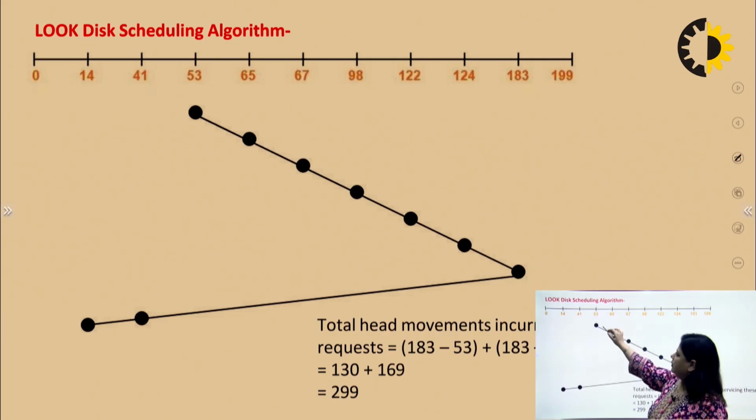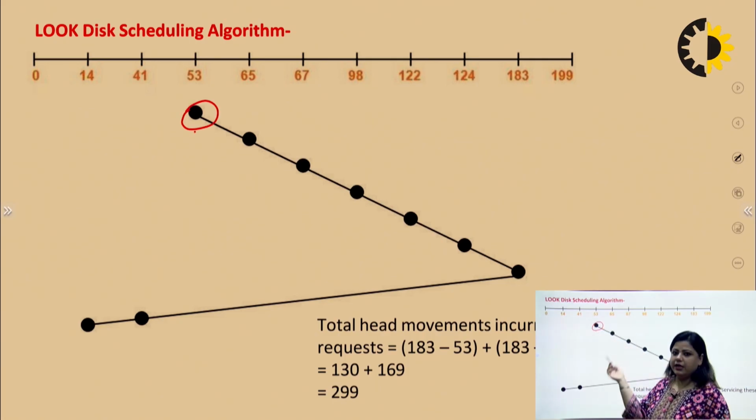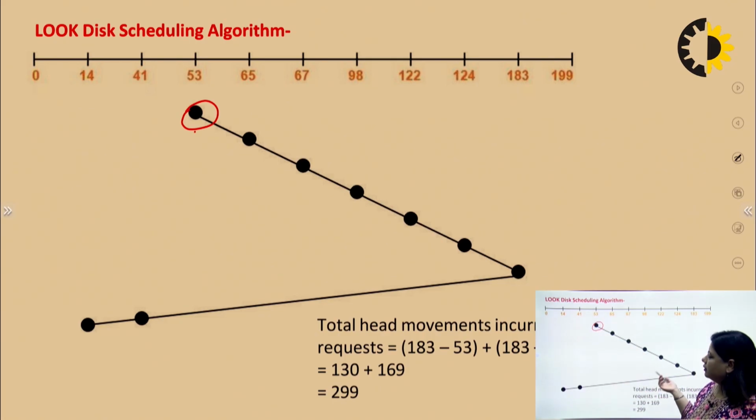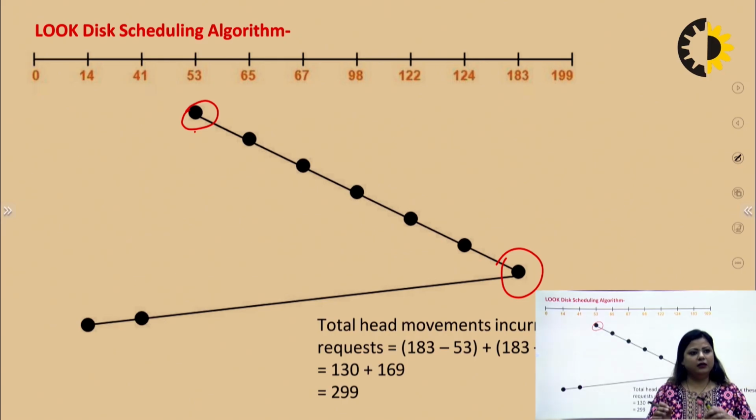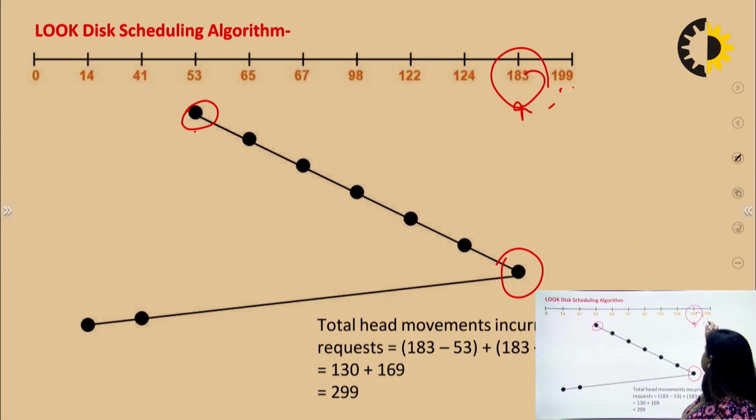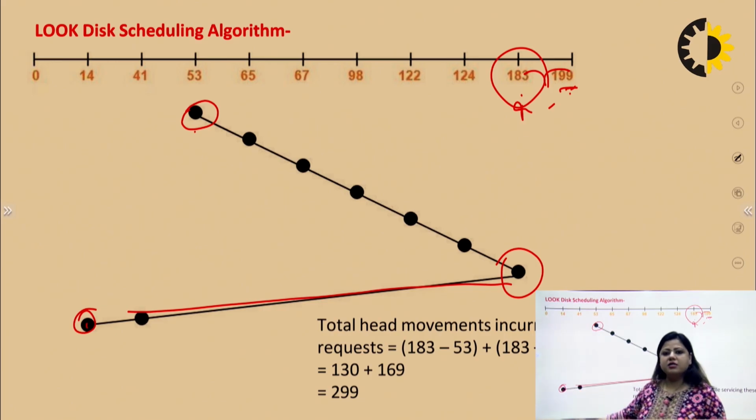So initially we start at 53, already given in the question, and we go towards one last end. It does not consider the last point. The last step is just one before the last point, like 193 to 183, and after that it reverses to the other last point.